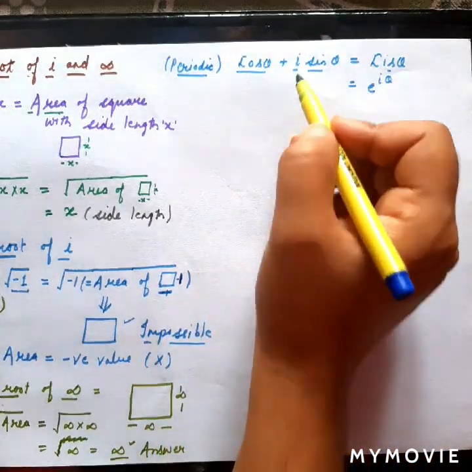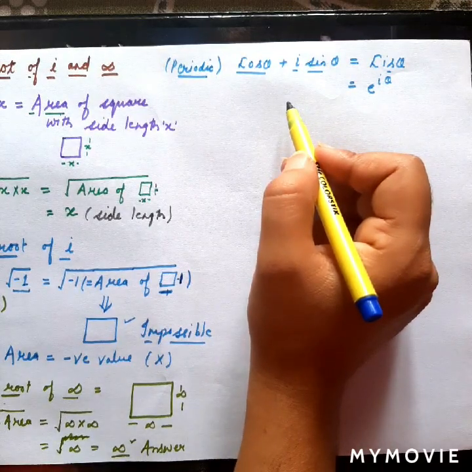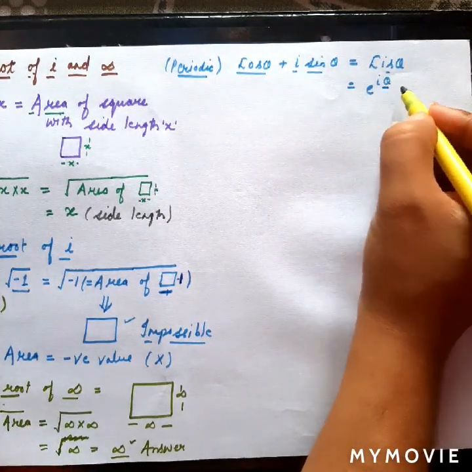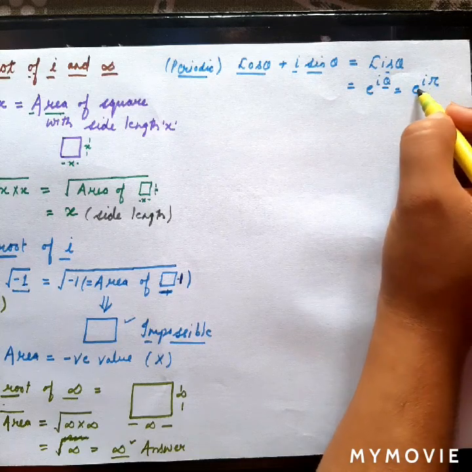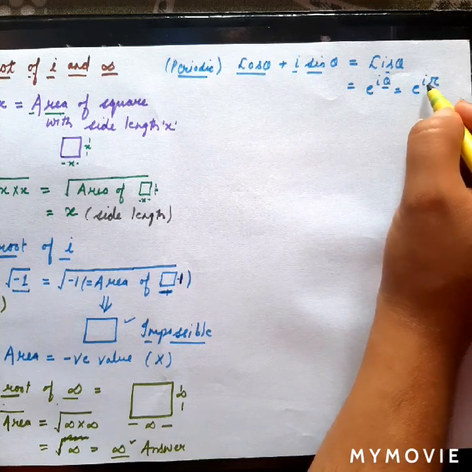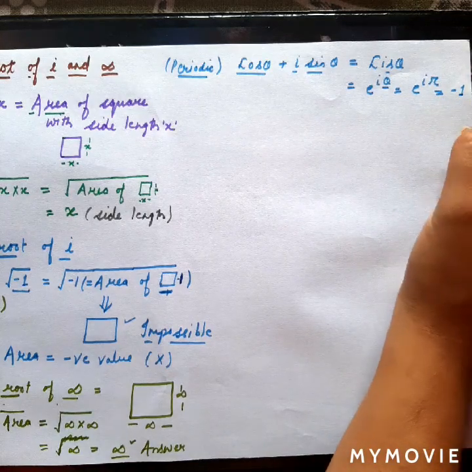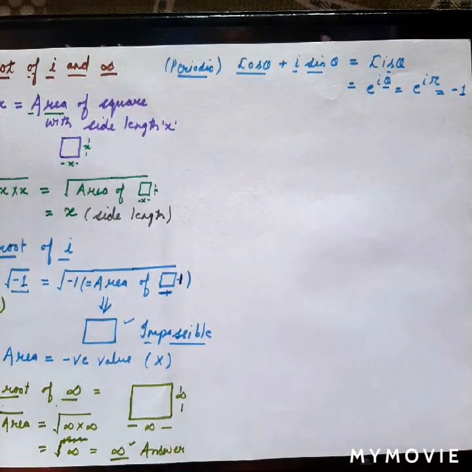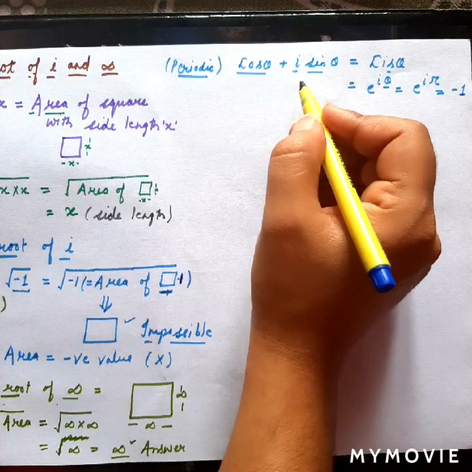So that is why we introduce imaginary functions in our mathematical expressions. And here also, if we put theta equal to pi, what we get is exponential e raised to power iota pi, and this is actually equal to -1. So this is the reason why we have introduced the value of iota instead of -1.